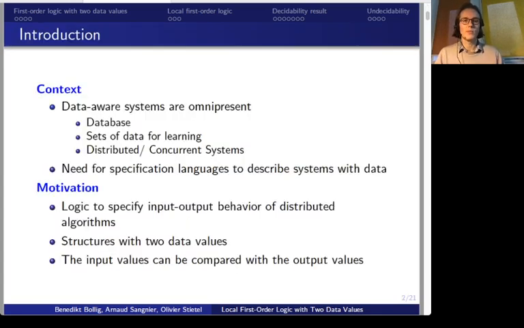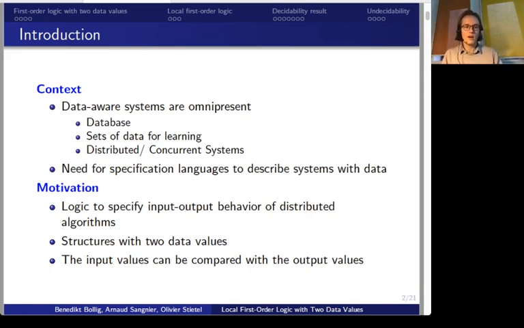The context is that we want to study systems which use data. They are omnipresent, for example databases, sets of data for learning, or distributed and concurrent systems. So we need a specification language to describe systems with data.